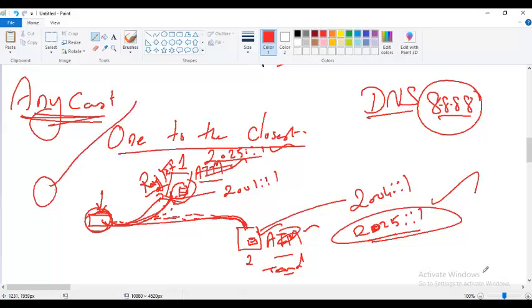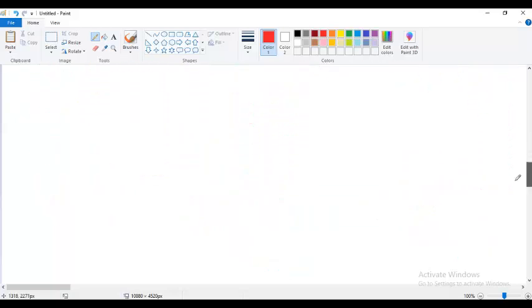But both IP addresses are the same. With an anycast address, even if the address is same, it won't conflict. Did you understand anycast? One to the closest. Okay. In IPv6, you can give any IP address and say, I want this to be an anycast address. We can configure that.